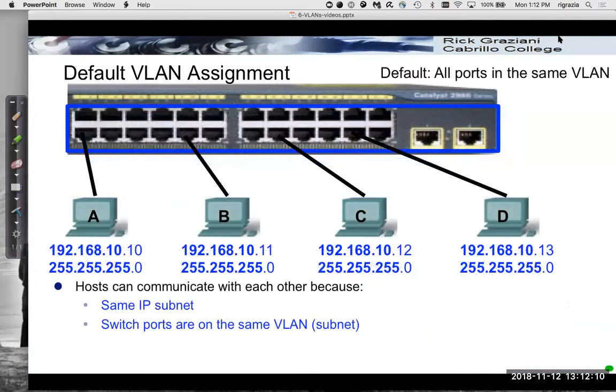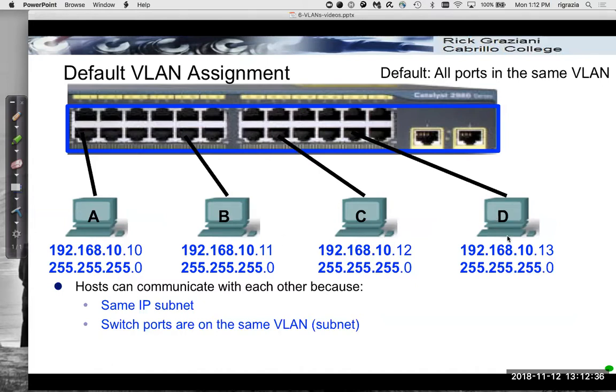Okay, so what does that actually mean? All right, if we have these 4 computers all connected to this same switch, can they communicate with each other? Well, yes, and that is because, first of all, they can communicate with each other directly without going through a router because they're all on the same IP subnet.